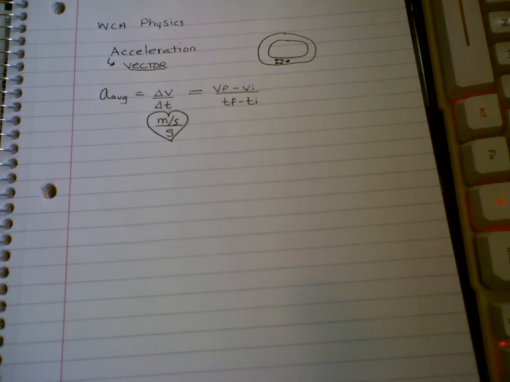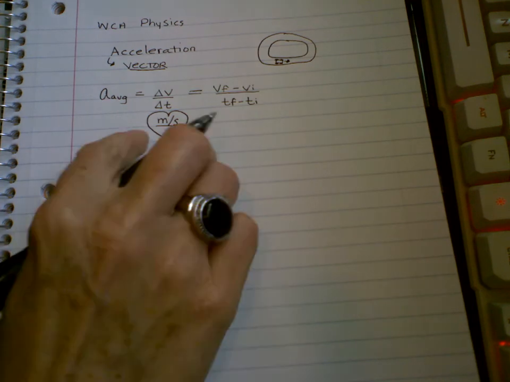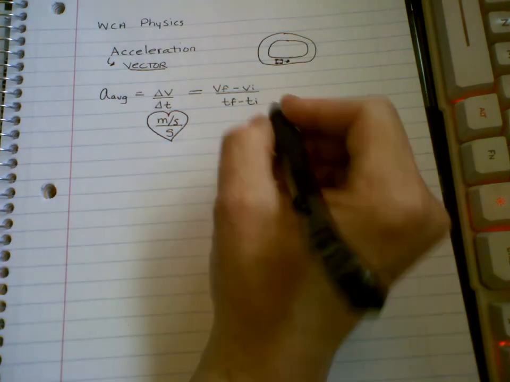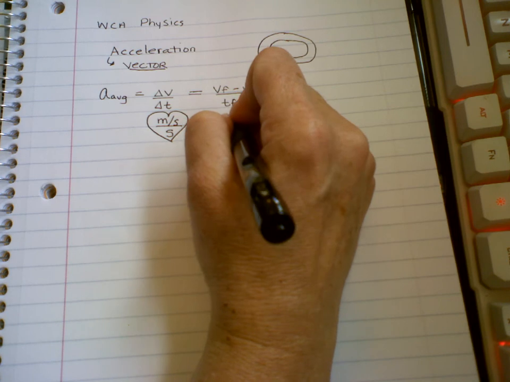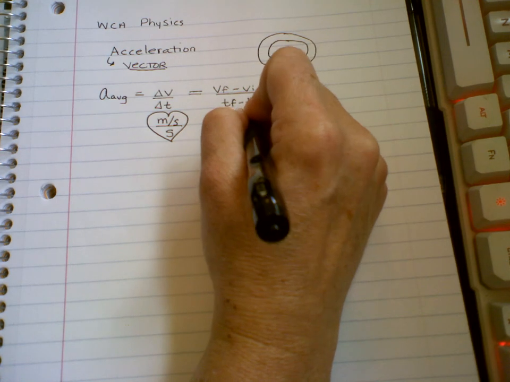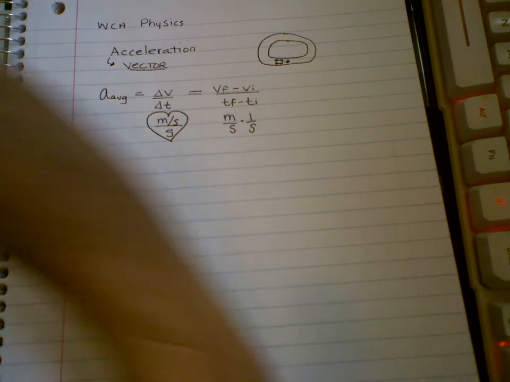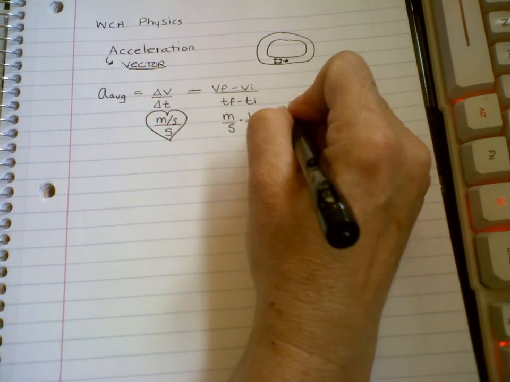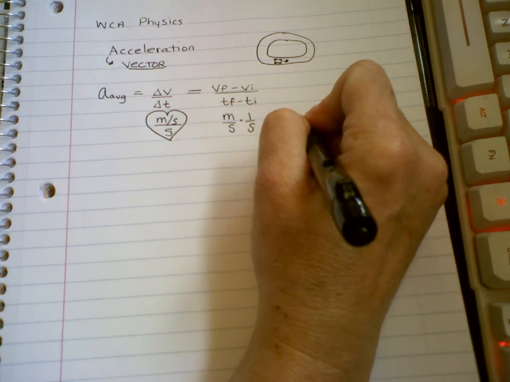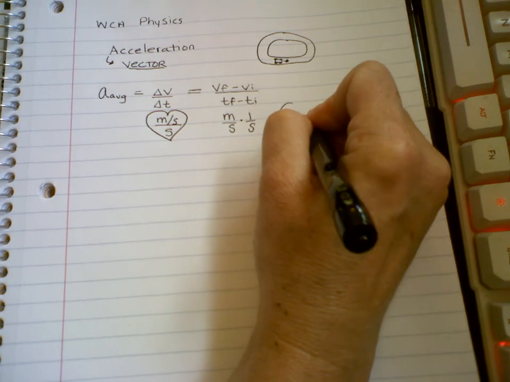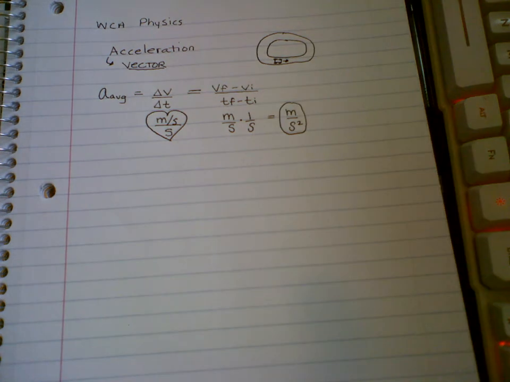By looking at the units, you can easily see the formula of delta v over delta t. However, for mathematical reasons, sometimes it's easier to change how this looks. So I'll write it like this: meters per second, and if I have seconds in the denominator, it's like multiplying by 1 over seconds. When you do that, you end up with meters per second squared. So you'll more often see the units for acceleration written as meters per second squared.